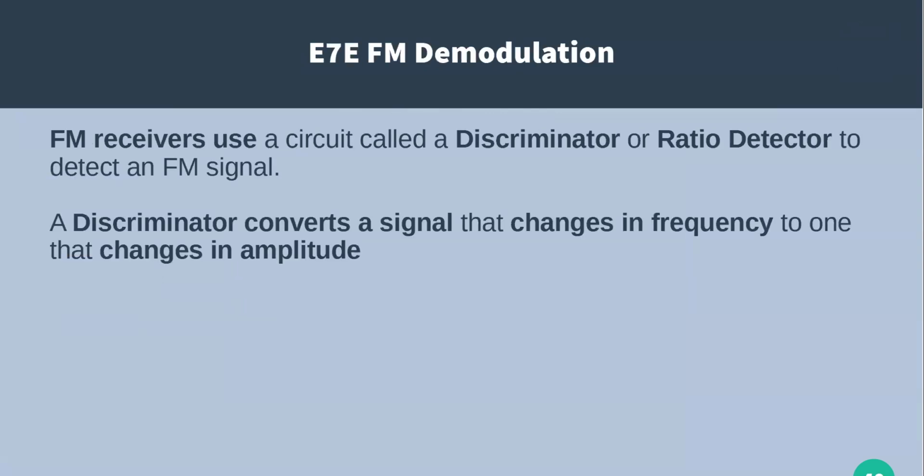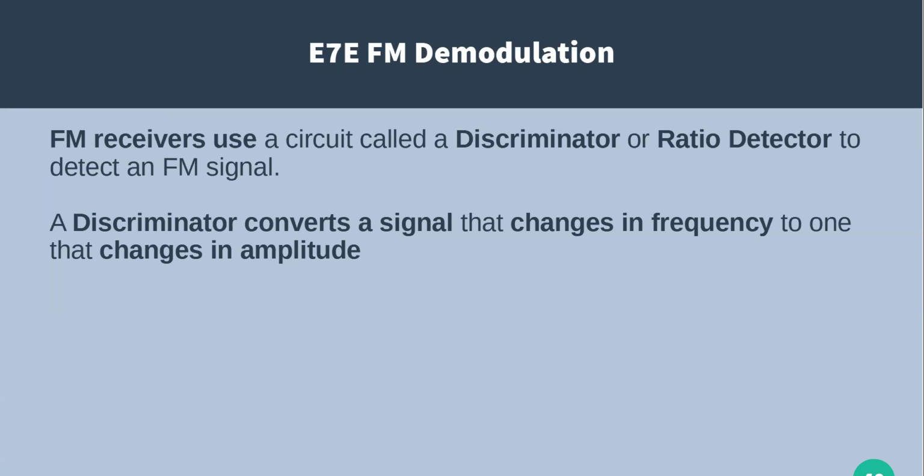Okay, when we do FM, we need yet a different type of detector. It used to be called a discriminator or ratio detector. I can't honestly say I totally understand how the circuit works.